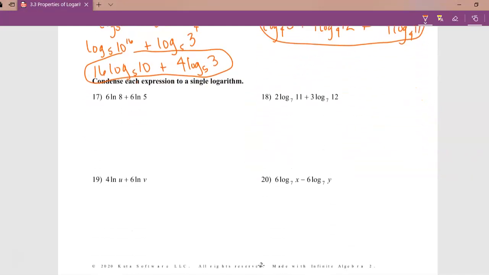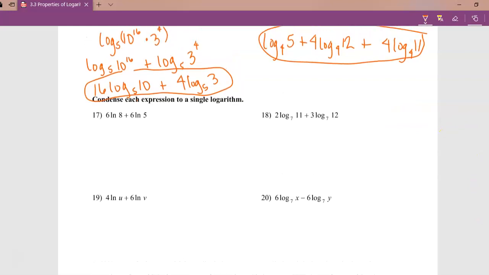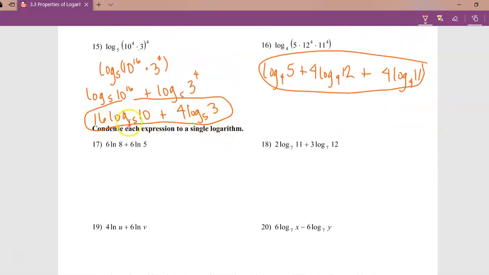Okay, and then the last section, you're going to be asked to condense them into a single log. So basically, you're going the opposite direction as the previous examples. You're starting with the expanded one, and you're going to write it back as a condensed log. So the first thing we want to do is take these numbers that are in front of a log. This one's a natural log, but all the same rules still apply. So this 6 is going to become the exponent again on both of these.